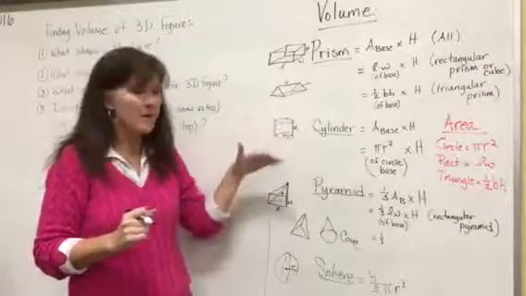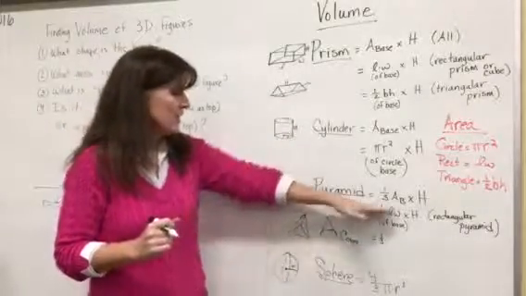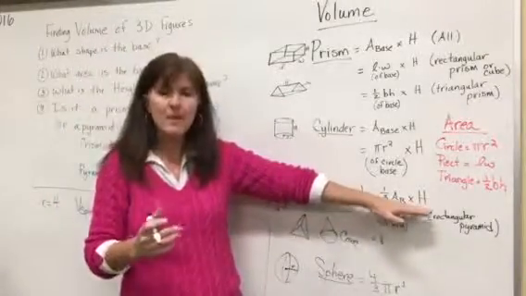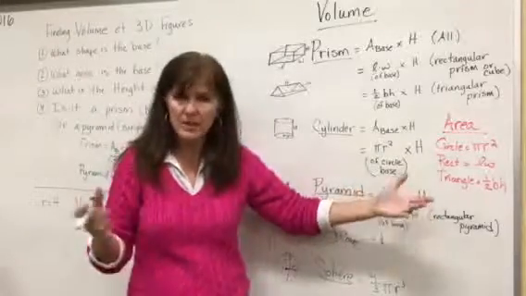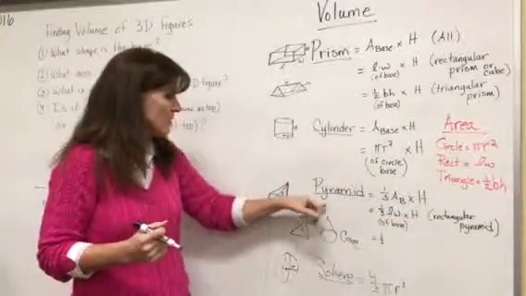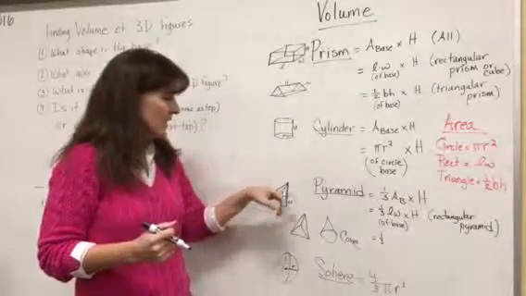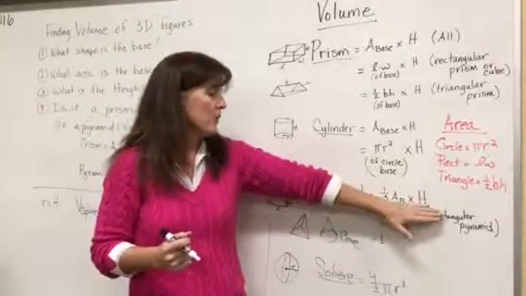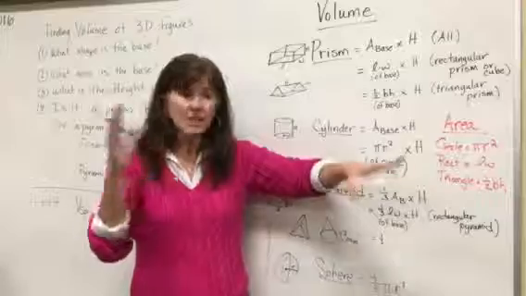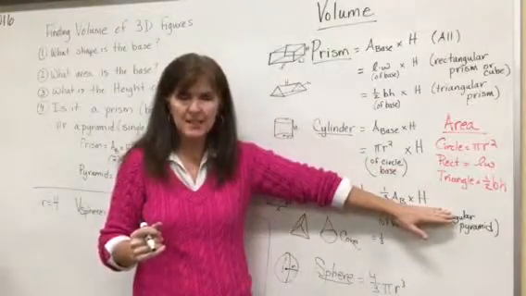So you have to do the same formula, but you're going to multiply it by 1/3 or divide it by 3. Your formula for pyramids and cones in general is 1/3 area of the base times height.